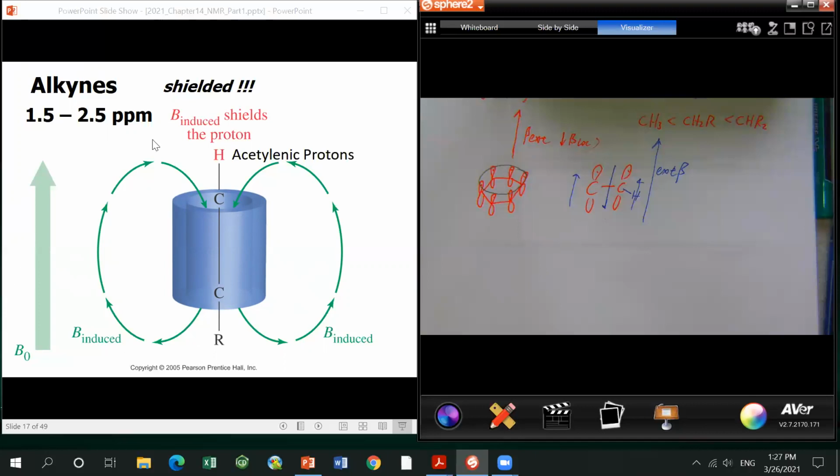So the external magnetic field goes this way, and the local magnetic field goes that way. That cancels out some of the external magnetic field, and we call it shielded. That's why the proton has a much lower chemical shift.